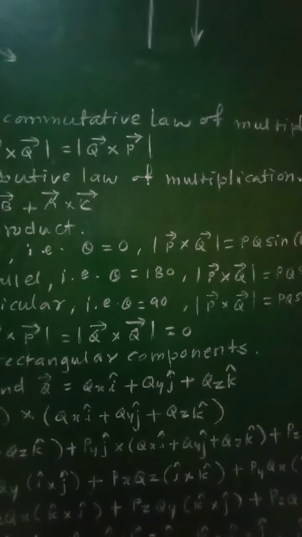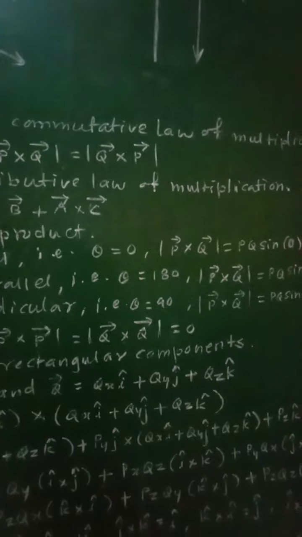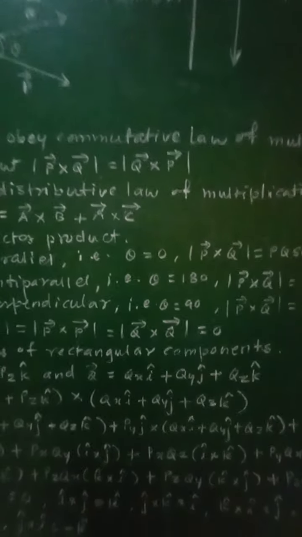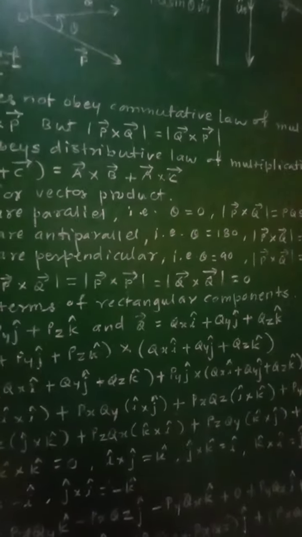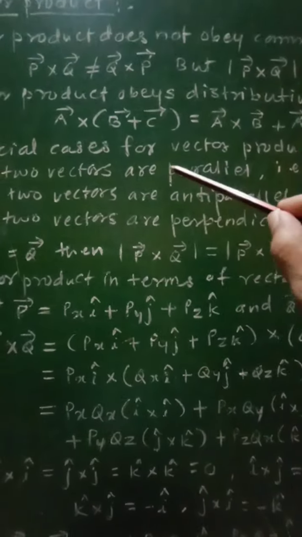That is, if the vectors are parallel to each other, then their vector product is equal to 0, or if the vector product of two non-zero vectors is equal to 0, then the vectors must be parallel to each other.